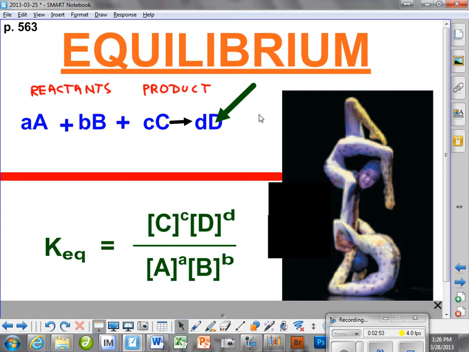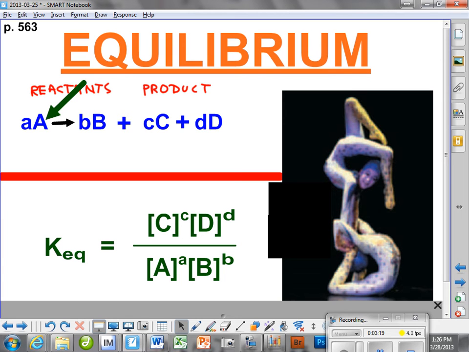For the same reason, going back to the original way that I had this, for this reaction, A and B are on the left and C and D are on the right. But I could also have this situation where I have A only on the left side, so I only have 1 reactant. So B now has become a product instead of a reactant.